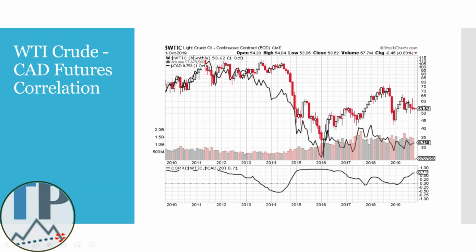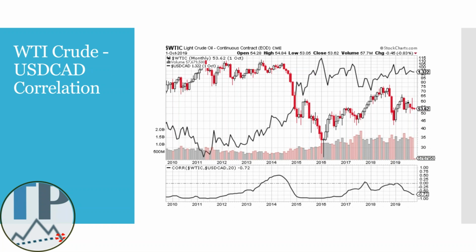Looking at the black line, which is the Canadian futures traded on the CME, and the WTI continuous contract on the CME, illustrated by the candlesticks, you can see that the correlation is quite positive for most of the history. And looking at the lower plot, you can see that for 2014, the correlation actually does dip quite into the negative, to about -0.5.